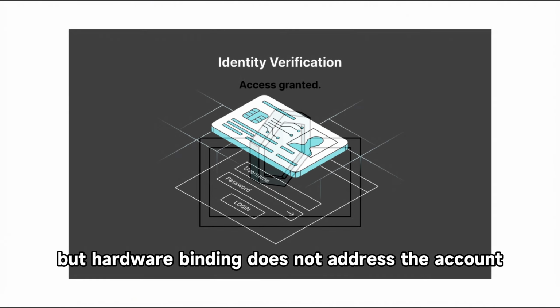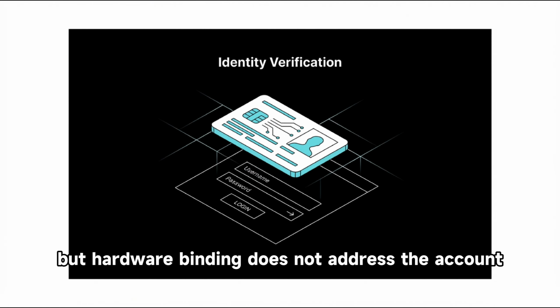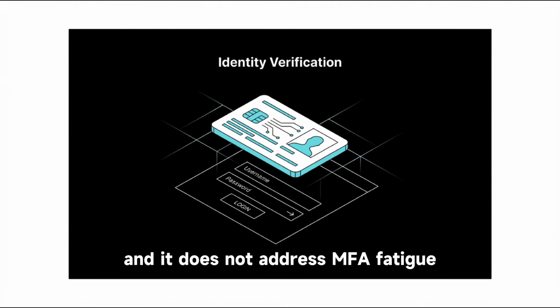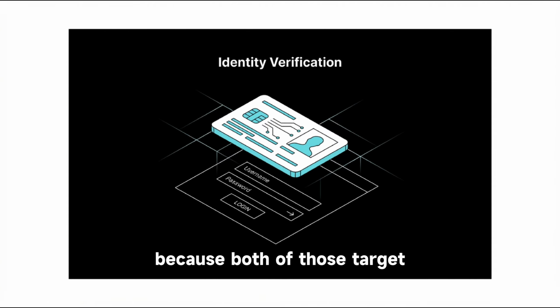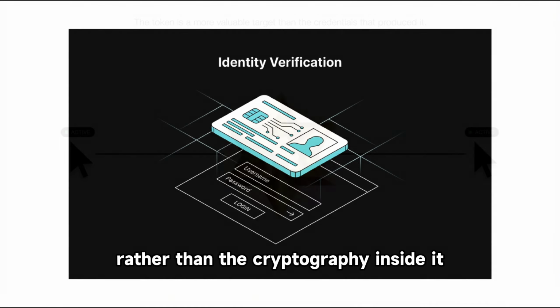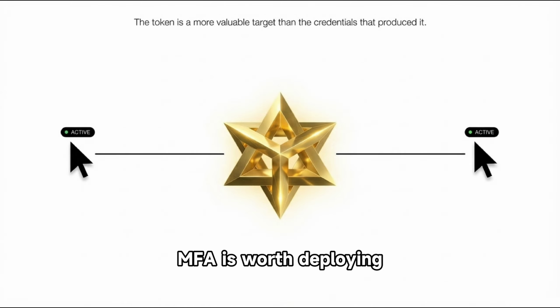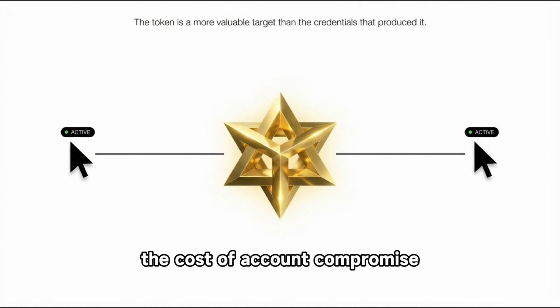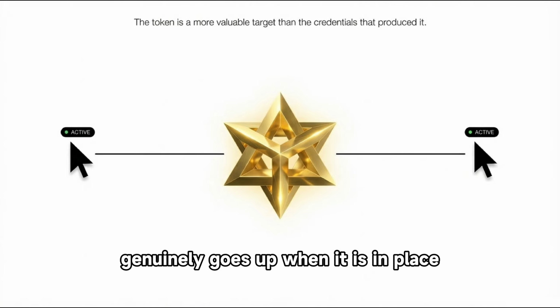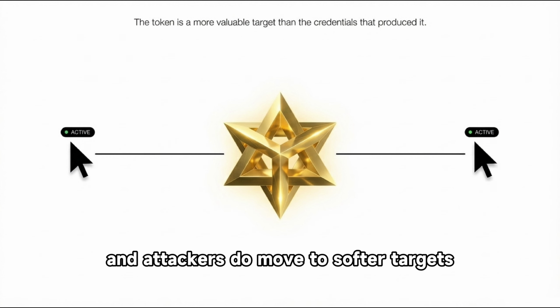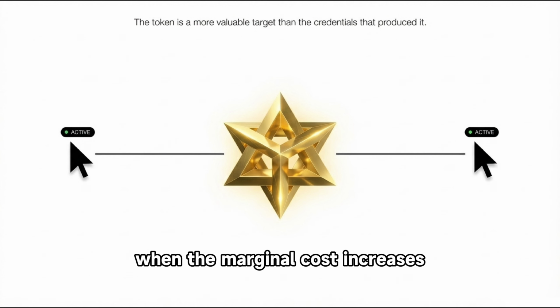But hardware binding does not address the account recovery problem, and it does not address MFA fatigue because both of those target the process around verification rather than the cryptography inside it. MFA is worth deploying. The cost of account compromise genuinely goes up when it is in place, and attackers do move to softer targets when the marginal cost increases.